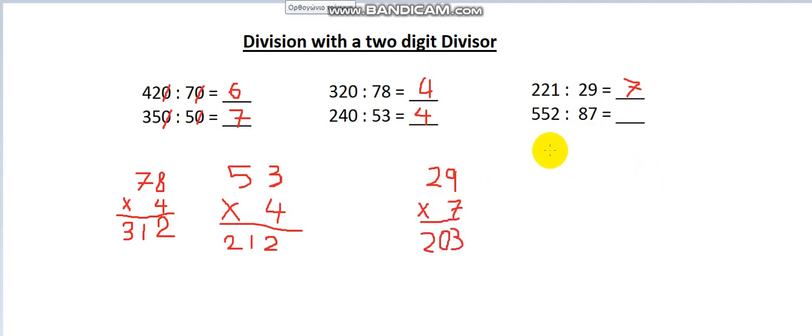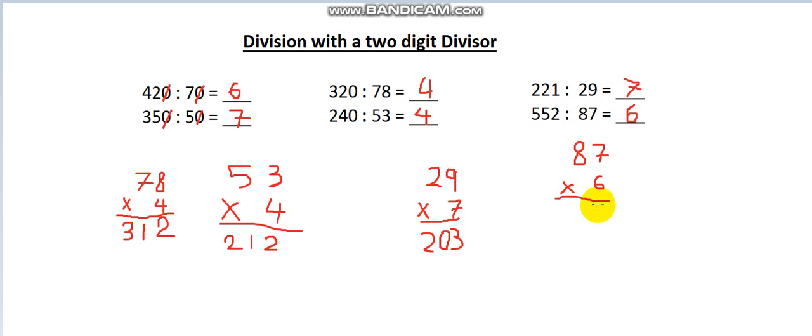Next, let's say I want to do 552 divided by 87. Put a 0 here and treat this as if it's a 90. And I would say, how many times does 9 fit into 55? Well, the answer to that is 6. To test this out, I do the multiplication, 87 times 6.